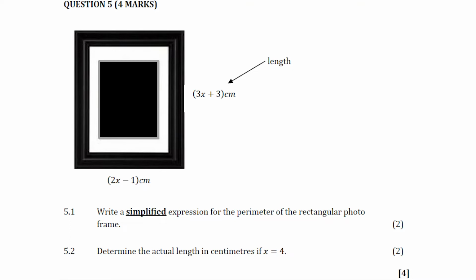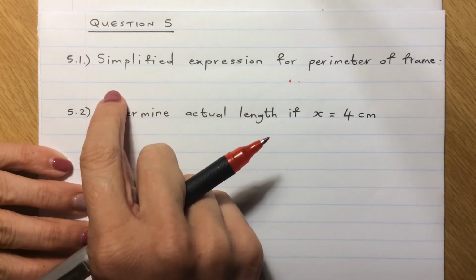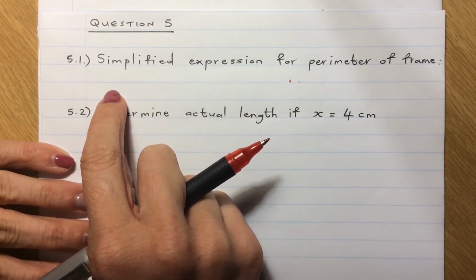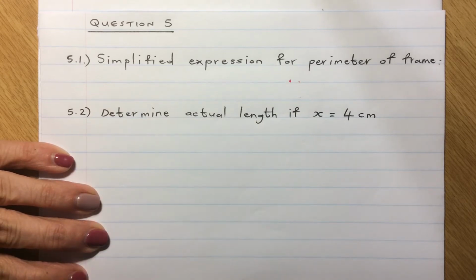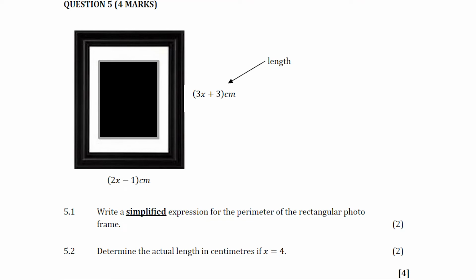Question 5 was the photo frame. So they say write a simplified expression for the perimeter of the rectangular photo frame. Now, I don't like to get fancy with formulas with perimeter. We need to understand that if they ask for the perimeter of anything, we add up all 4 of the sides. Okay, so they have said to me that the length of the photo frame is 3x plus 3, and then the breadth of the photo frame is 2x minus 1.